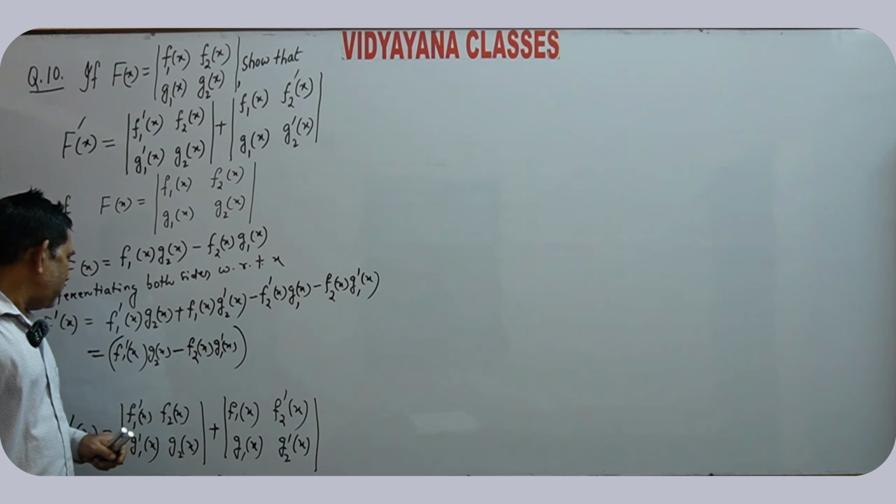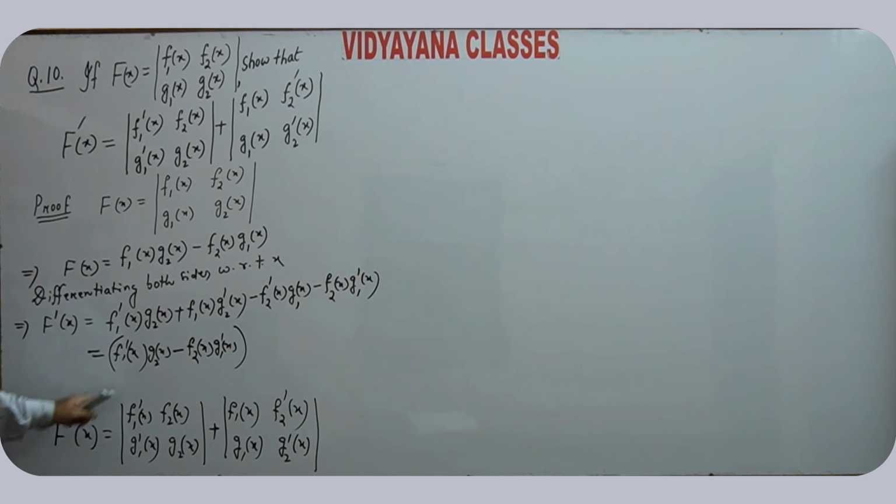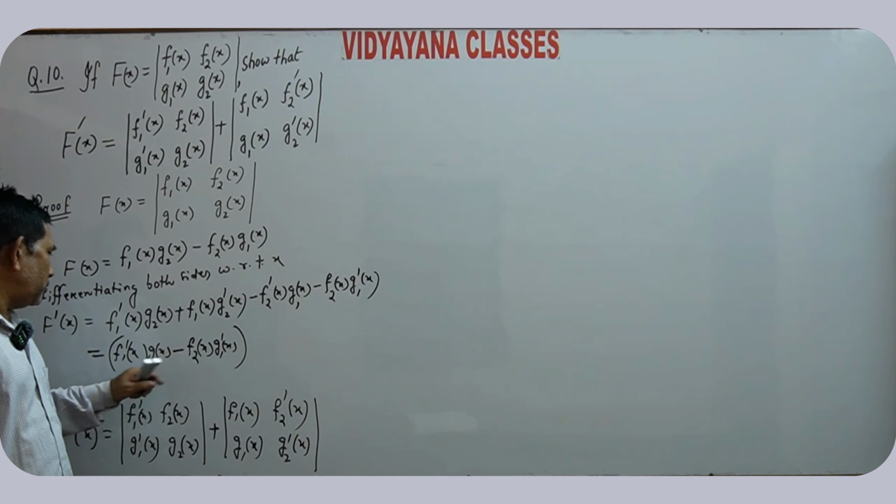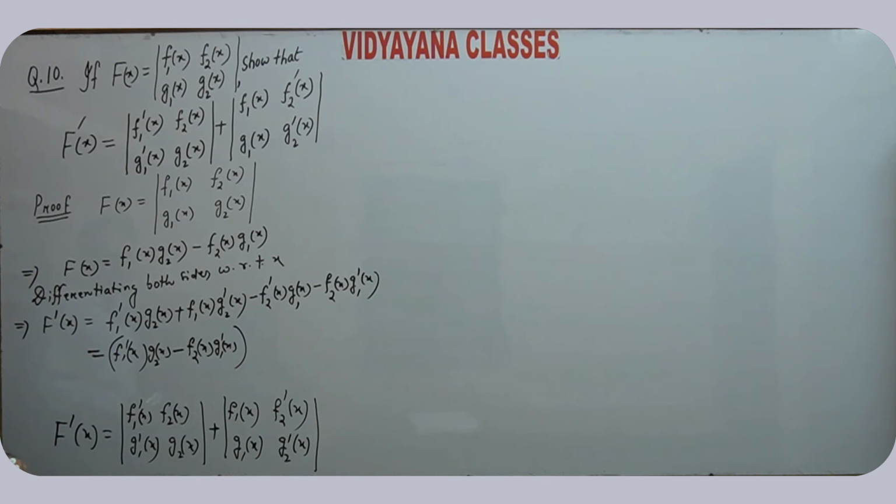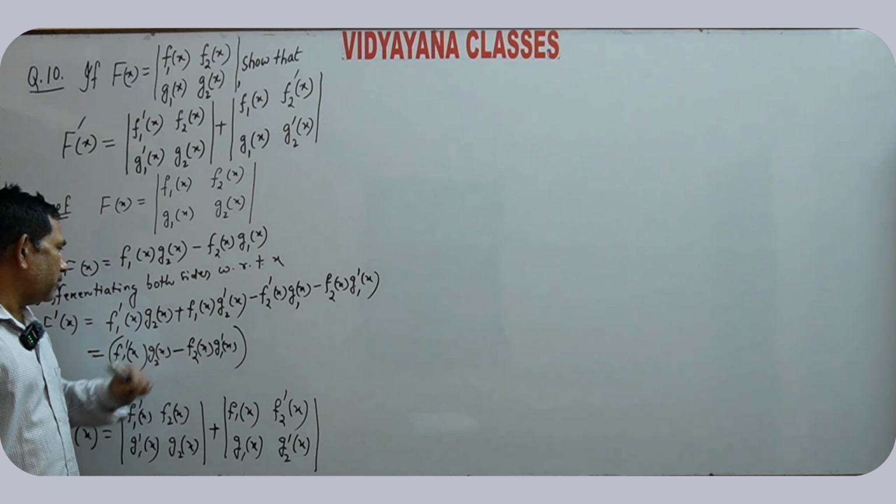By the rearrangement, we have f1 dash x into g2 x minus f2 x g1 dash x.